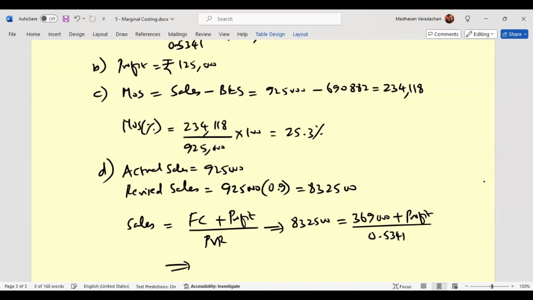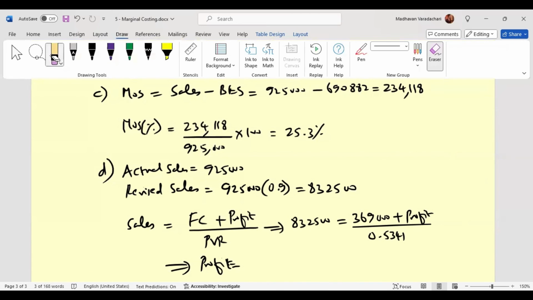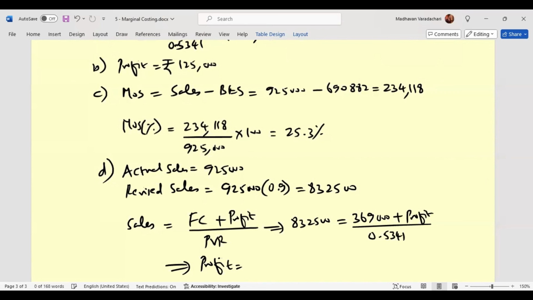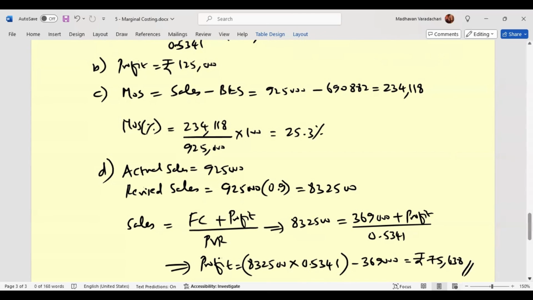That means our profit will be 832,500 multiplied by 0.5341 minus 369,000. If we calculate that, we will get the profit as rupees 75,638. That will be the solution for this question.